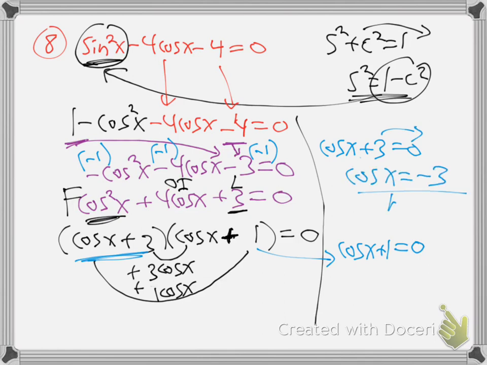Where's cosine negative 3? None. There's no place on the unit circle where cosine is negative 3. The highest cosine ever gets is 1, the lowest is negative 1. It's not going to be negative 3. Where is cosine negative 1? That is at pi. Pi is the only answer. Good? We okay? I want to get to the bigger fish.